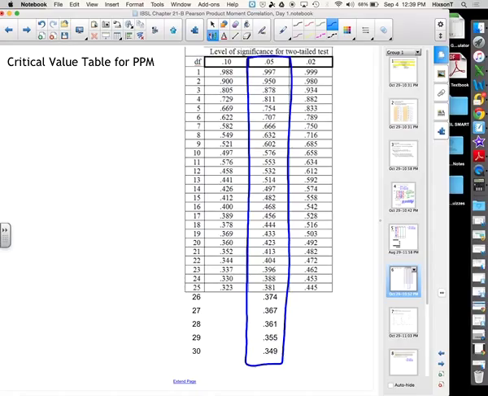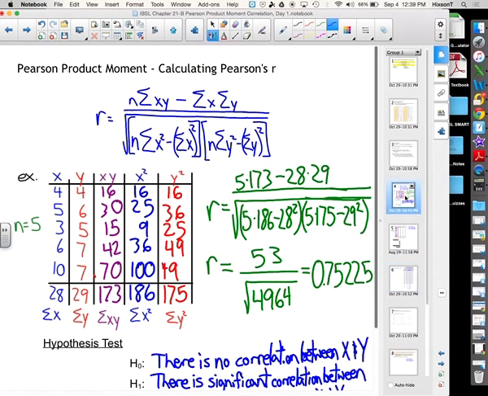Now, how many degrees of freedom did we have? 3. Okay, so we have 3 degrees of freedom. So the number that we're looking for is right here, the 0.878. Okay, so let's go back.